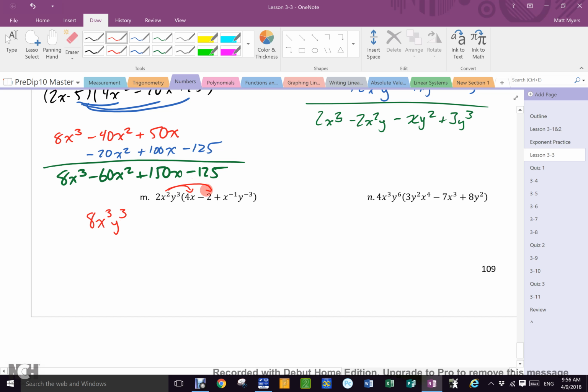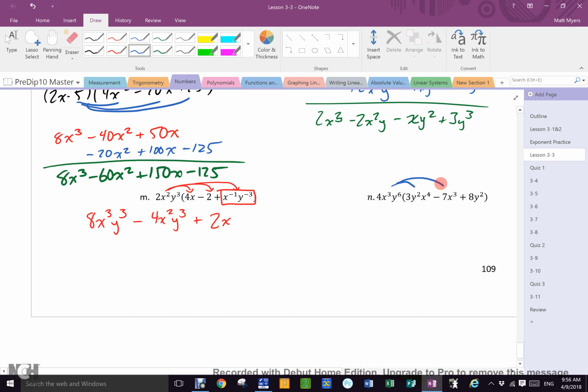Then we're going to do that one. Minus 4x squared y cubed plus 2x. Absolutely correct. Done. Nice job. Put it on the internet. It's true forever.